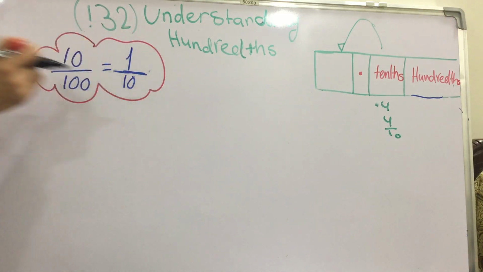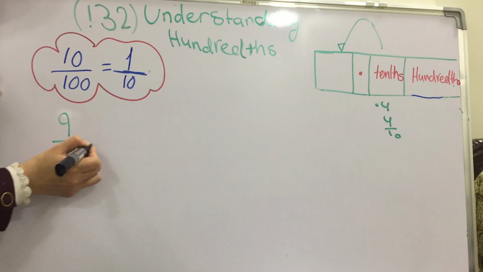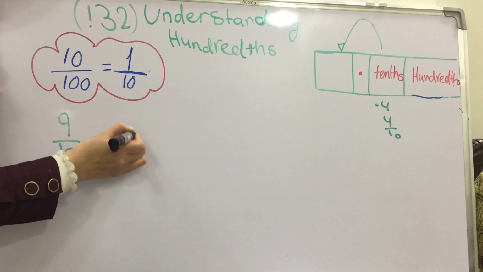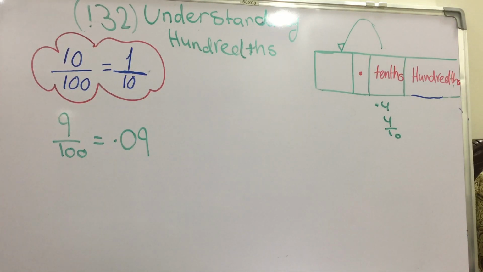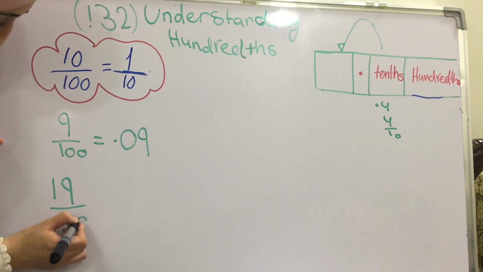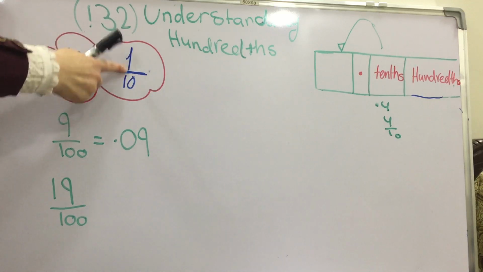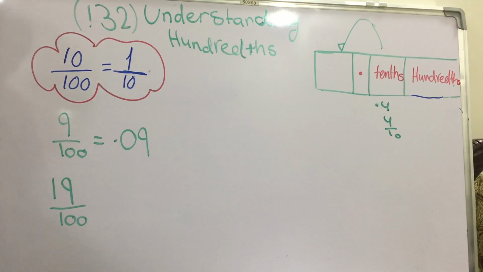Each 10 hundredths, I will write in the next place. Now, if I have 9 hundredths, I will write 0.09. Okay, it's 9 hundredths. What if I have 19 hundredths? As you see here, I have 10 hundredths, which is 1/10, and I have 9 hundredths.